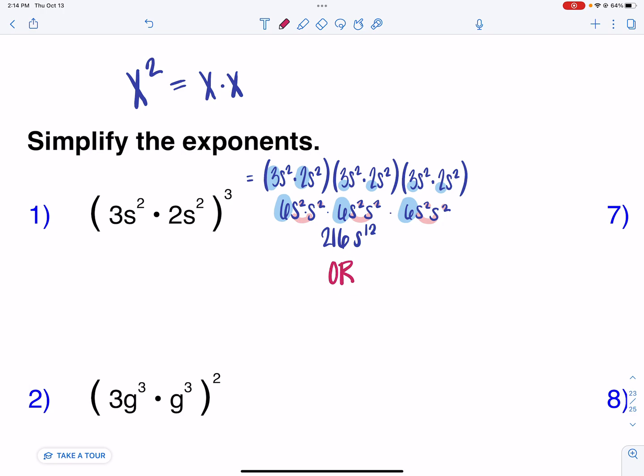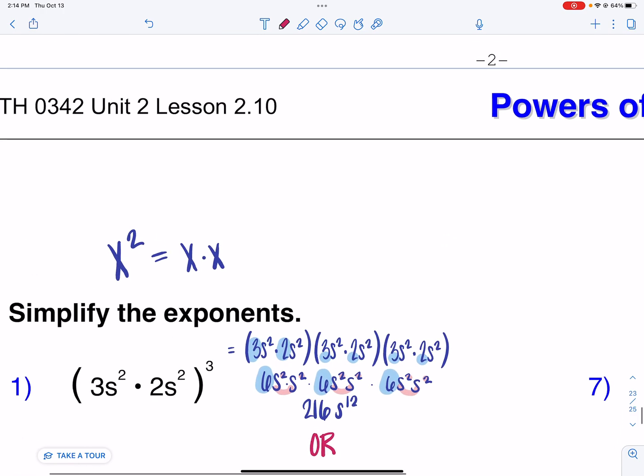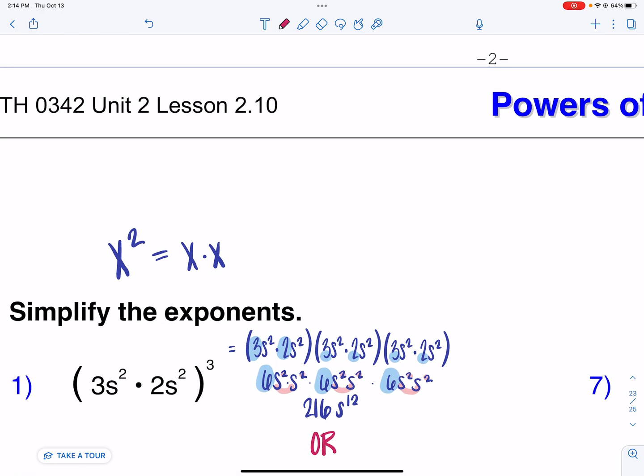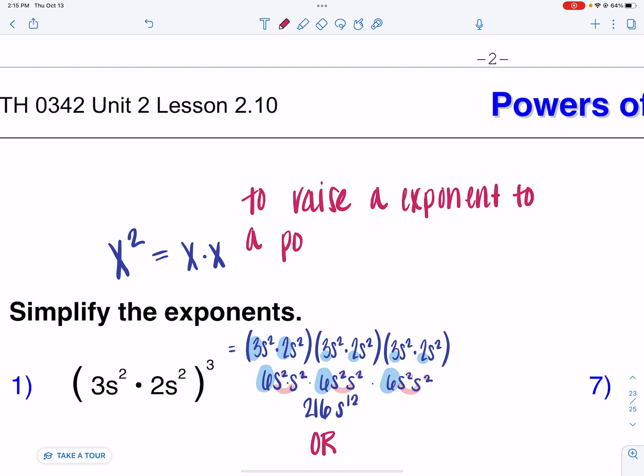Now, if you want to use the rule to raise an exponent to a power, we're going to multiply across the parentheses.